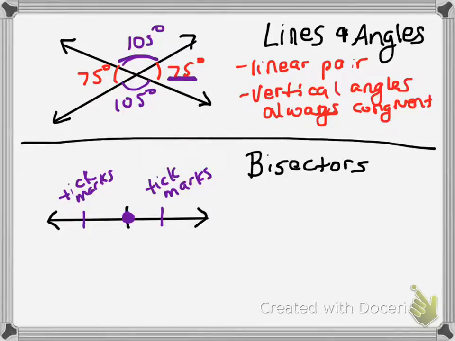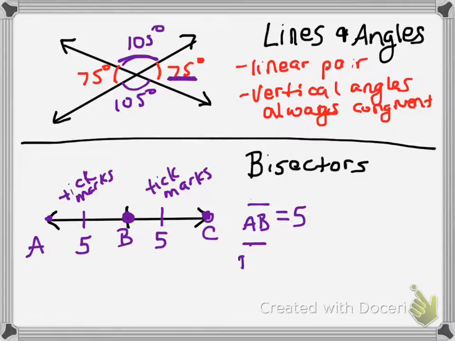That means if this one is 5, this one has to be 5. Now, can you tell me what the length of the whole line is if we name it A, B, C? Line segment AB is 5.